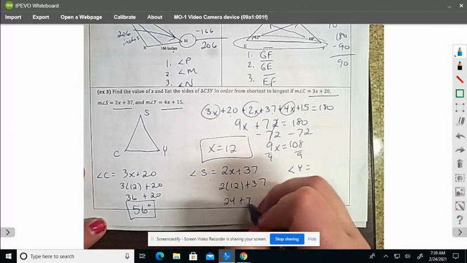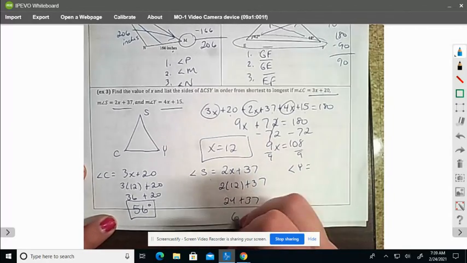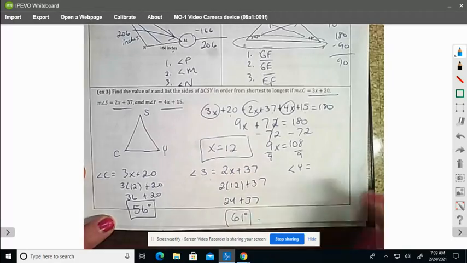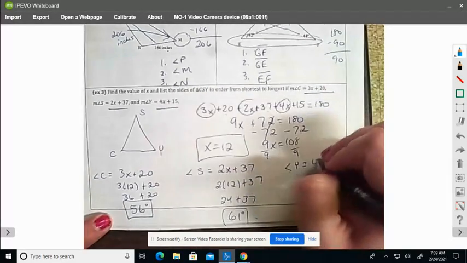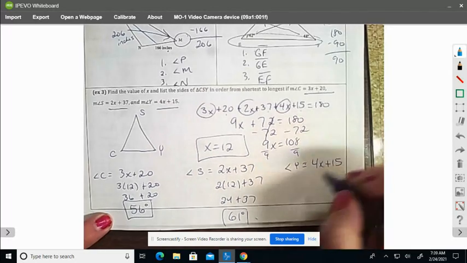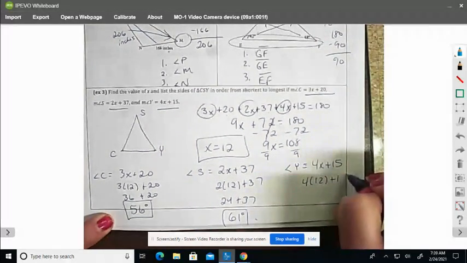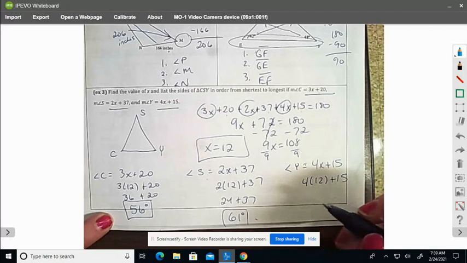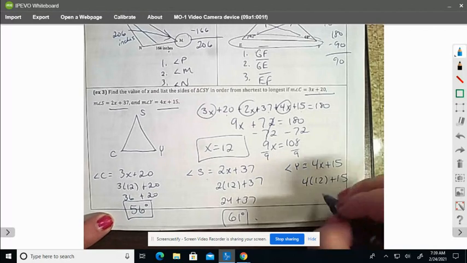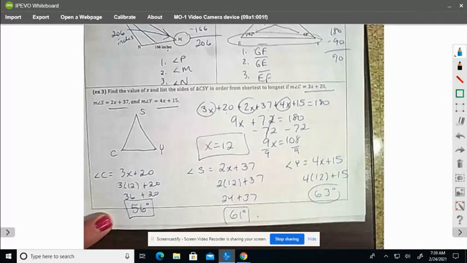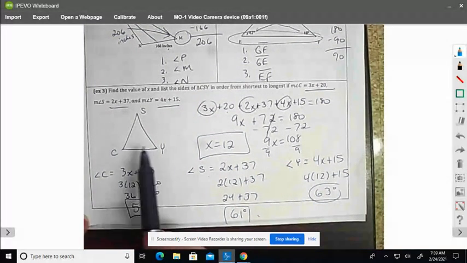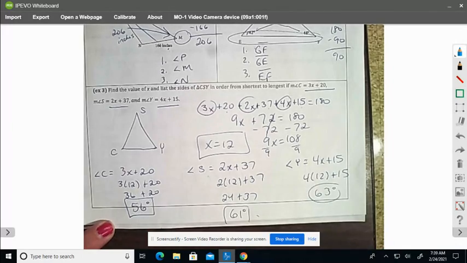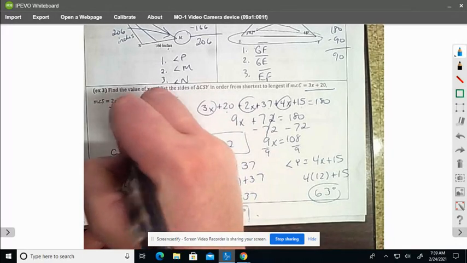It's 24 plus 37, so angle S is 61 degrees. And then lastly, angle Y is 4x plus 15. I'm going to plug that 12 in. 4 times 12 plus 15 gives me 63. Now I have all three angles, so I'm just going to write them on my picture here. So C is 56.